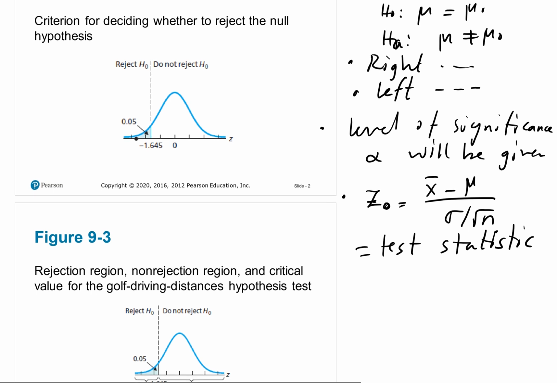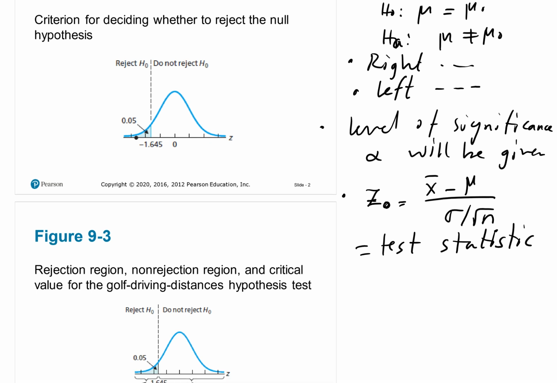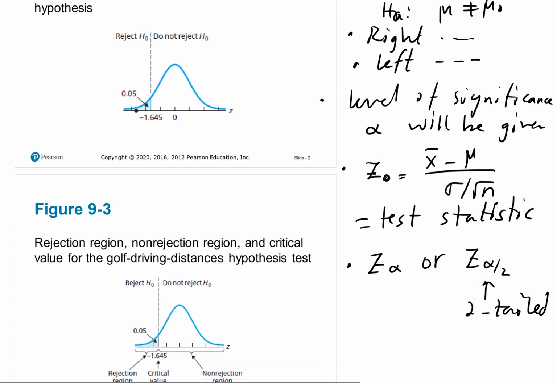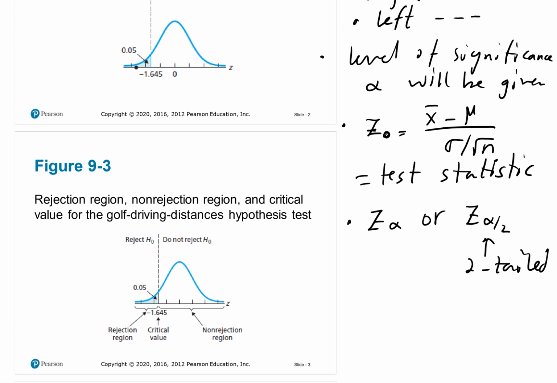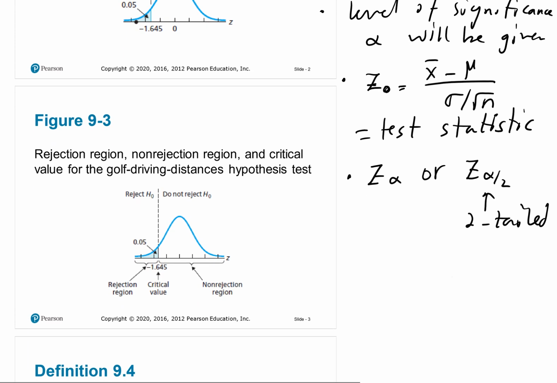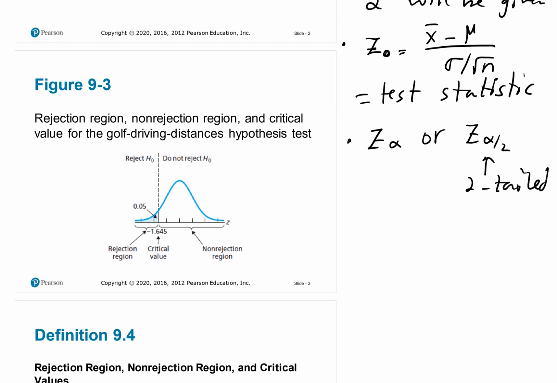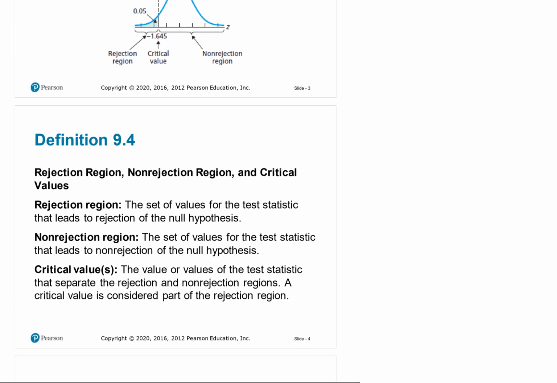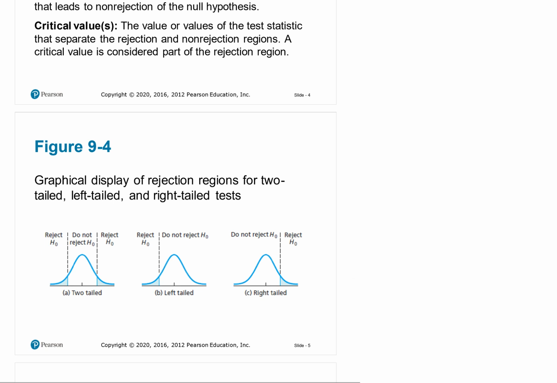And we are going to find another z value, z sub alpha. It depends if it's z sub alpha or z sub alpha over 2. Alpha over 2 is for the two-tailed test, and the first one is for either left or right. Then if we look at the graph, the three cases, which we have constructed down here, this is for the two-tailed test.